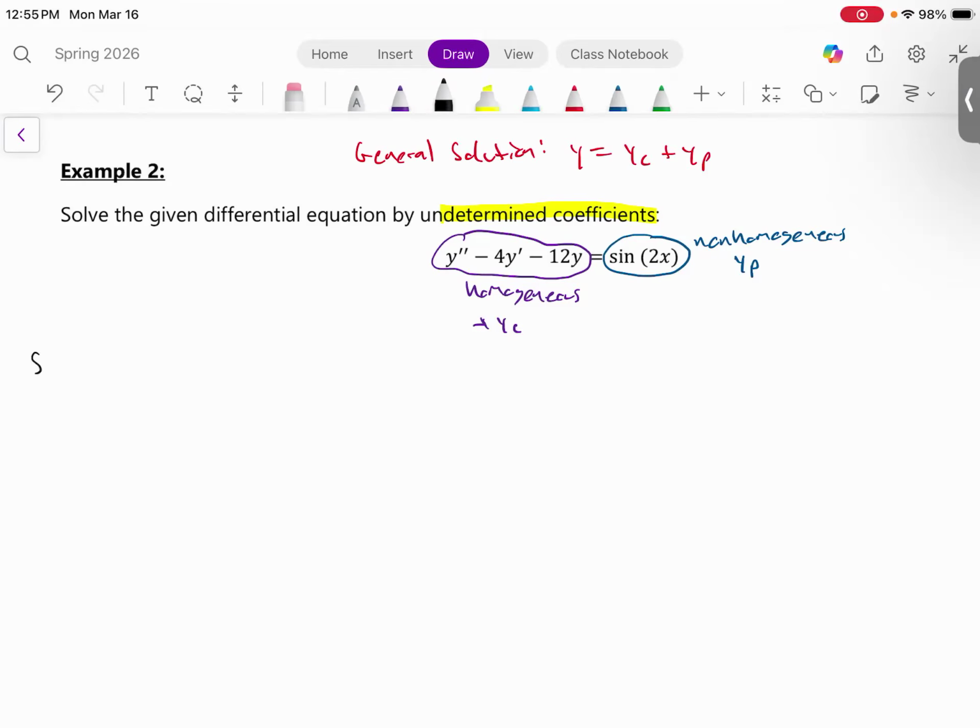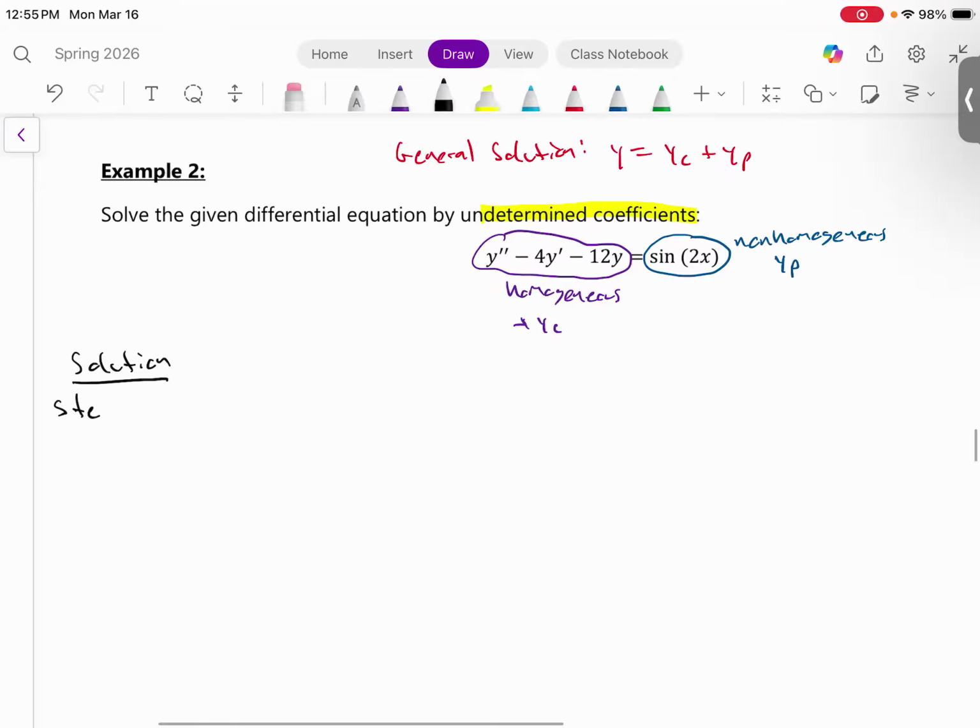So here we'll say solution. Step one, solve the complementary solution using the auxiliary equation.